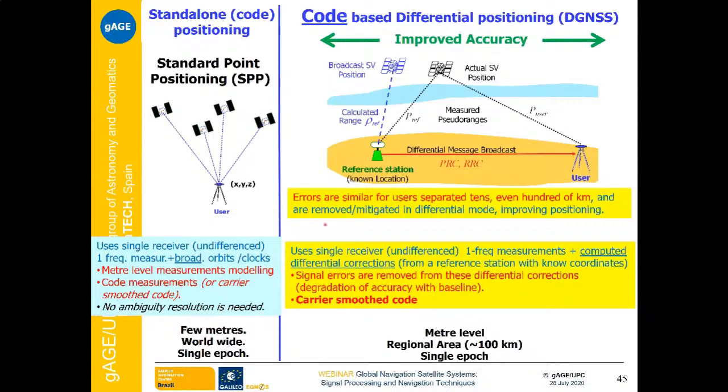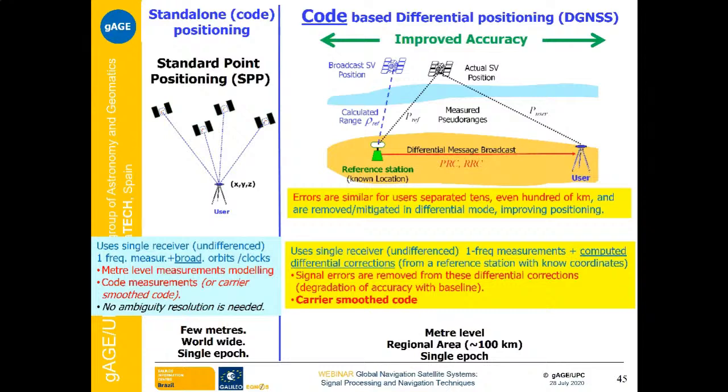In the case of differential positioning, as I commented, the idea is that the errors cancel in differential mode. We use a single receiver, one frequency, plus differential corrections, the pseudo-range corrections computed by the reference station. The errors are removed using these pseudo-range corrections.